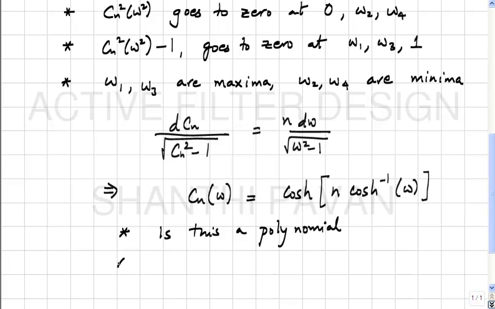And two, cos hyperbolic inverse, as we know it, is only defined for arguments greater than 1. Cos hyperbolic, the function itself, if you assume a real argument, takes values which are always greater than 1, which means that the inverse cos hyperbolic is not defined in the range 0 to 1, which is our passband.